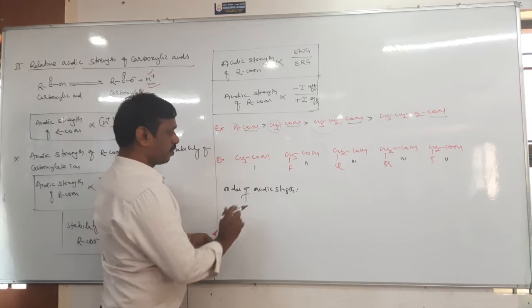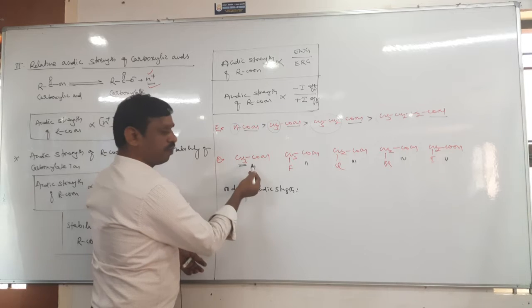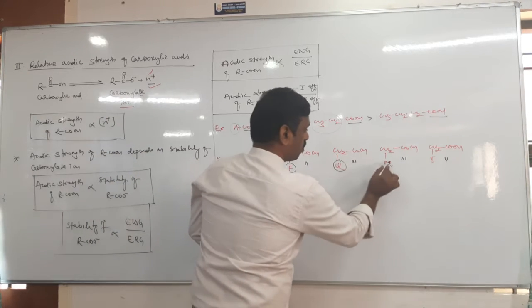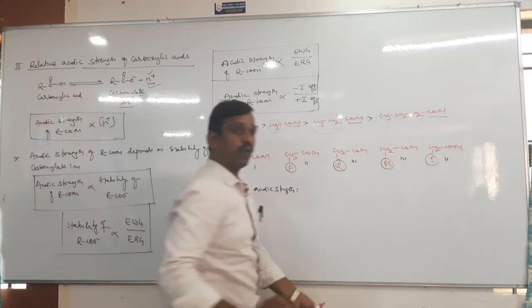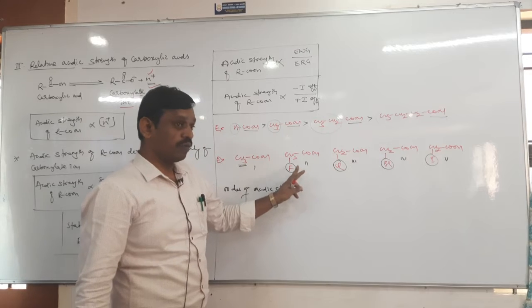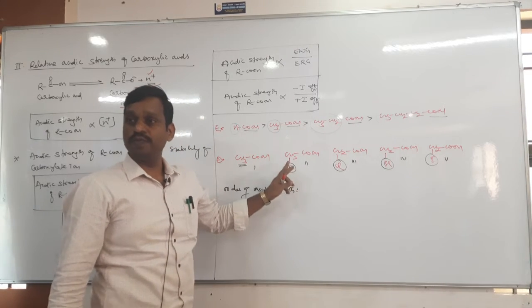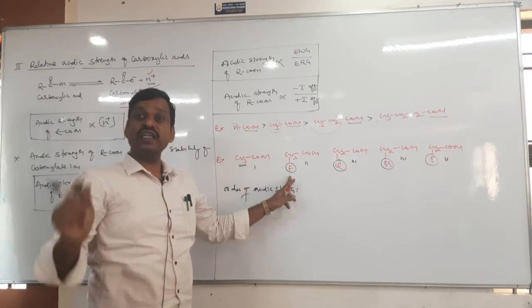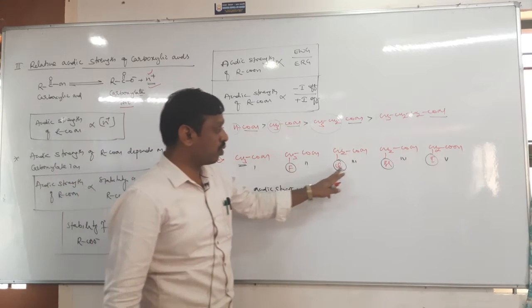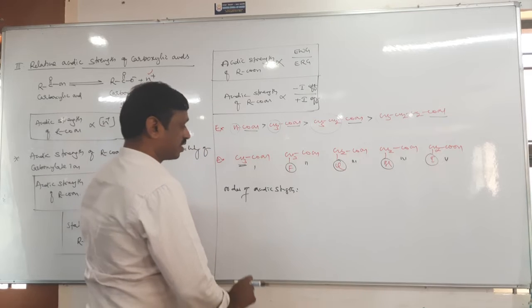So here, this is a methyl group and carbon having 3 hydrogen. Here is fluorine, chlorine, bromine, iodine. So what is the order of minus I effect? All are minus I groups, right? But which is the strongest minus I group? Fluorine. So minus I effect is directly proportional to electronegativity: fluorine, then chlorine, then bromine, then iodine. Which is more acidic?